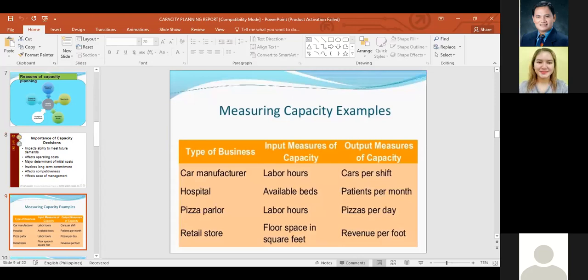So how are we going to measure the capacity? There are different ways of measuring capacity depending on what type of business you are in.